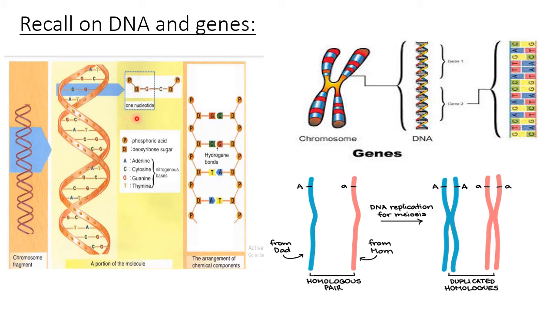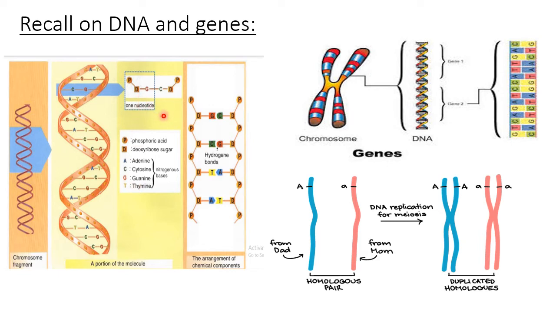A nucleotide is composed of three components: phosphoric acid, deoxyribose sugar, and a base, nitrogenous base. The nitrogenous bases are four: adenine A, cytosine C, guanine G, and thymine T. So one of these bases is present in every nucleotide.